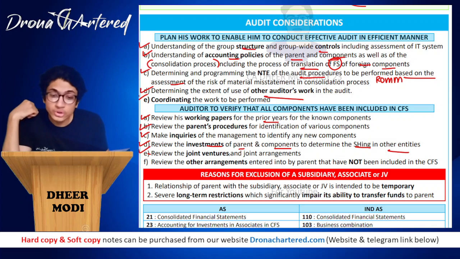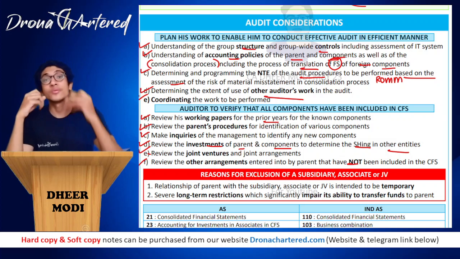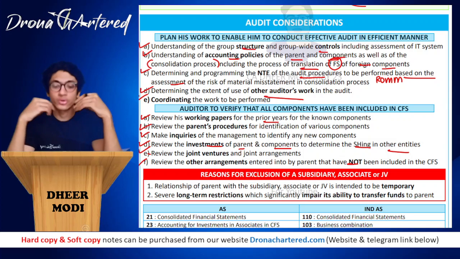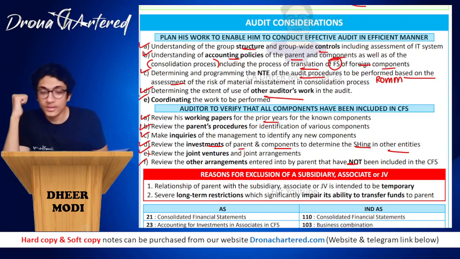Next is review the joint ventures and joint arrangements, because these will also be consolidated. Then review the other arrangements entered into by the parent that have not been included in the CFS. If you see any other arrangement that has not been entered in the CFS, that means it has not been consolidated. So you have to check those.